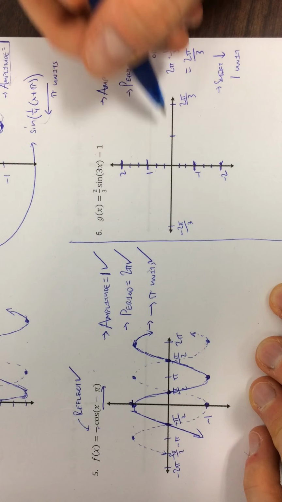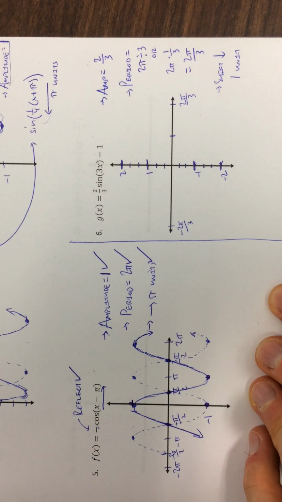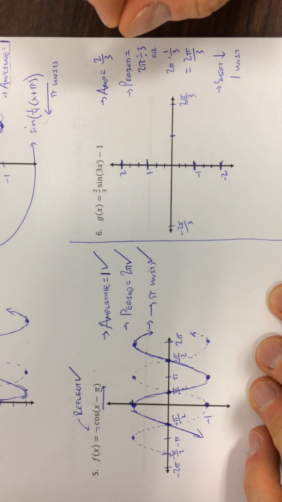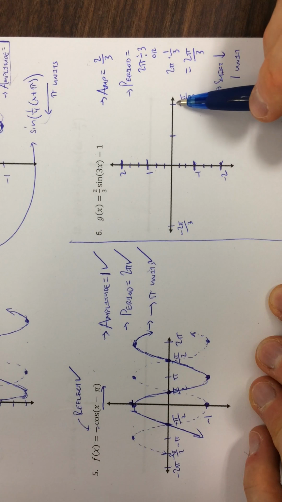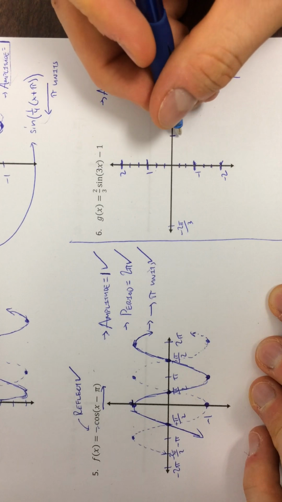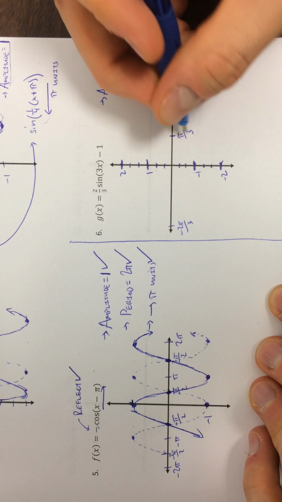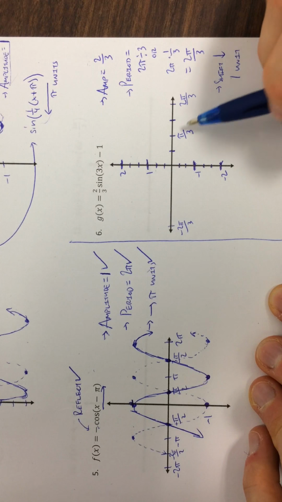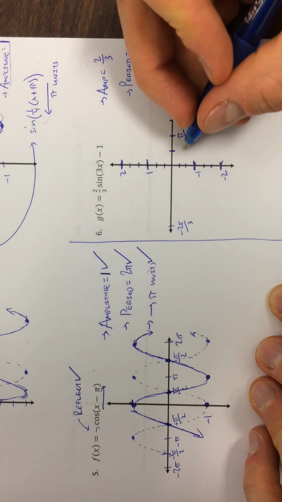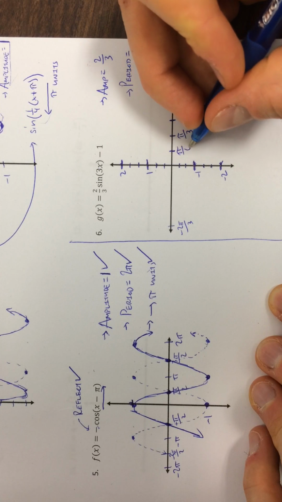Now, if we take 2 pi over 3 and cut it in half, we're really multiplying by 1/2. Or think of it this way. Here, 1, 2, this is 2 pi over 3, so this would be pi over 3. Half of pi over 3 would be pi over 6.